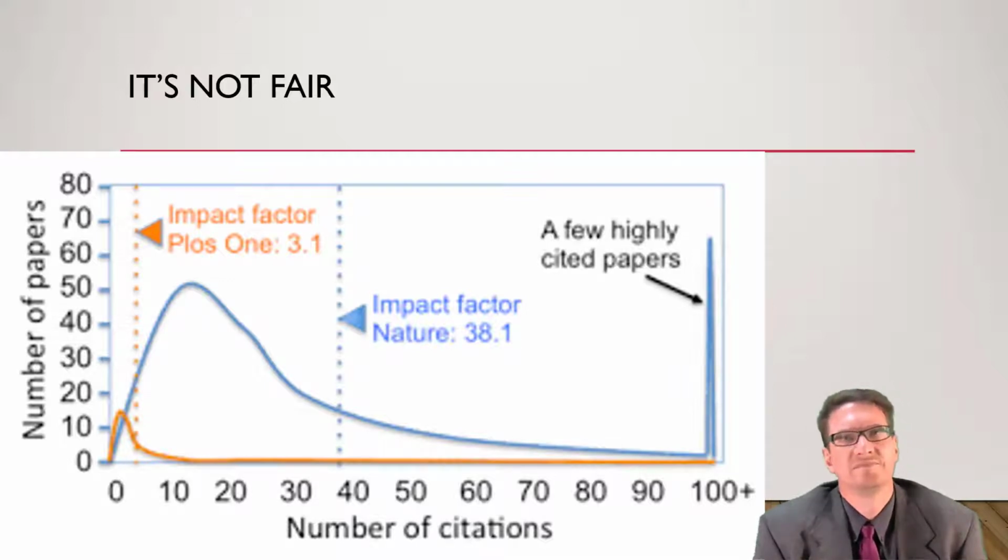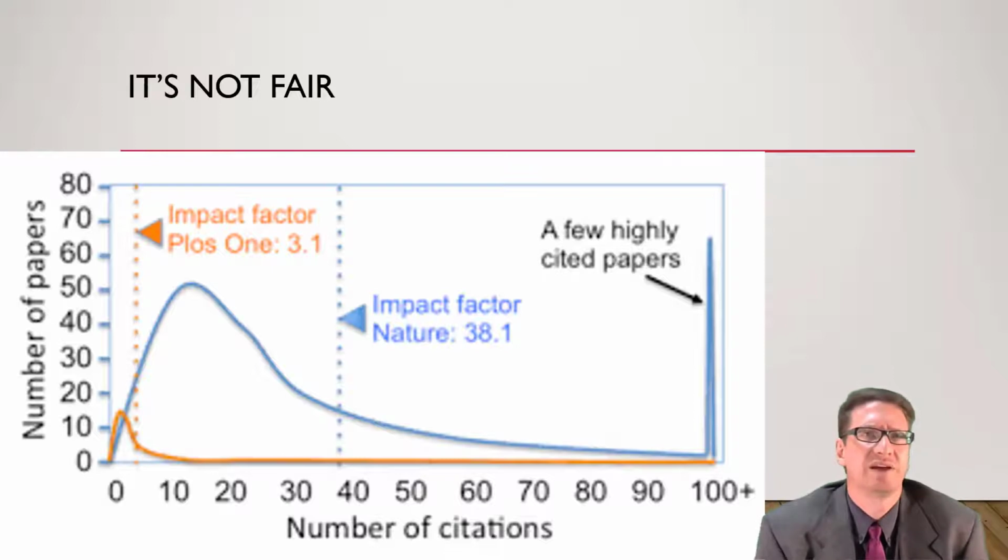Nature has an impact factor of around 40, and PLOS One has a very low impact factor. That may not seem fair, but that's just the way things have worked. It works like that because there are a few papers in Nature that have very high impact, and that skews the rest of the publication.